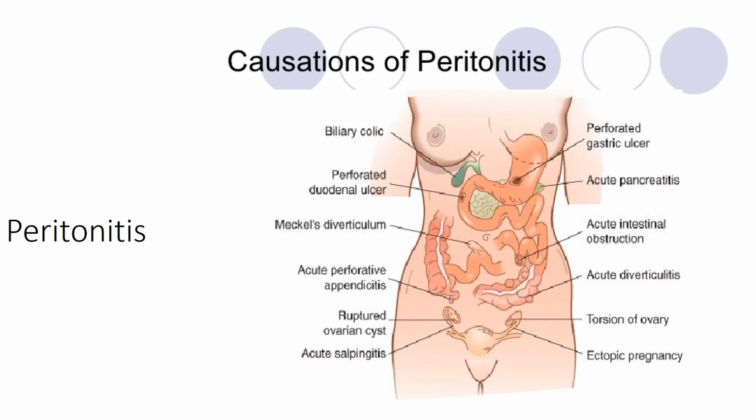Inflammation of the peritoneal fold is known as peritonitis, and the symptoms range from abdominal pain and tenderness, abdominal distension, fever, weight loss, and the causes range from intestinal perforation, gastric ulcer perforation, perforated appendicitis, pelvic inflammatory disease, and acute pancreatitis.